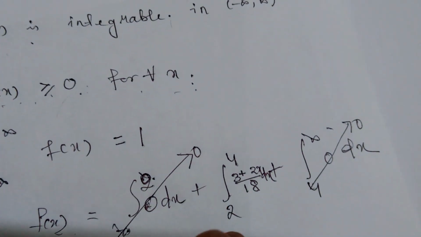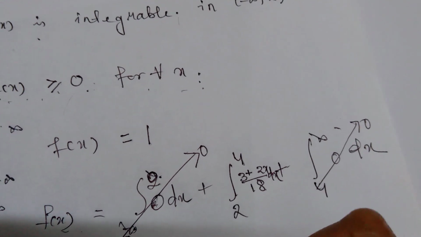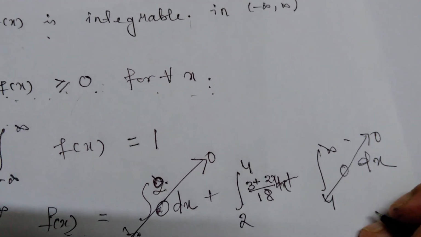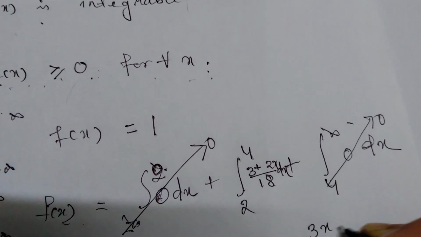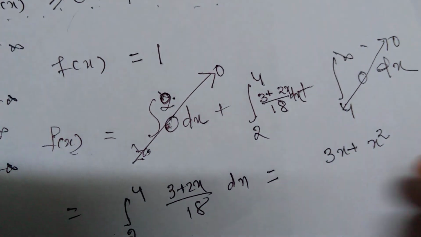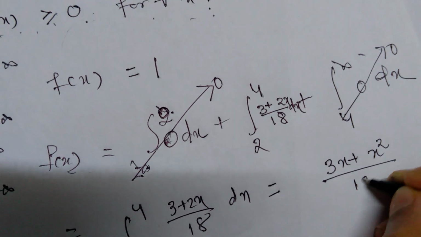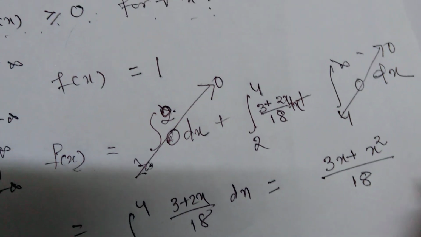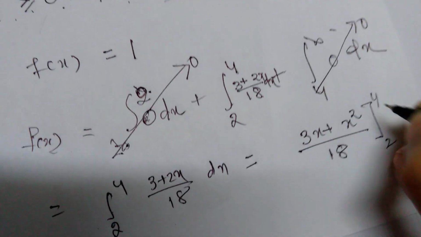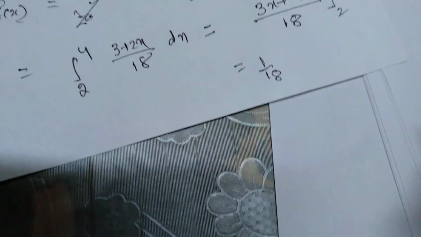Just evaluate this one. The integral from 2 to 4 of 3 plus 2x upon 18 dx is equal to 3x plus x square by 18. Put the limit 2 to 4 and check. 1 by 18 will be taken common.